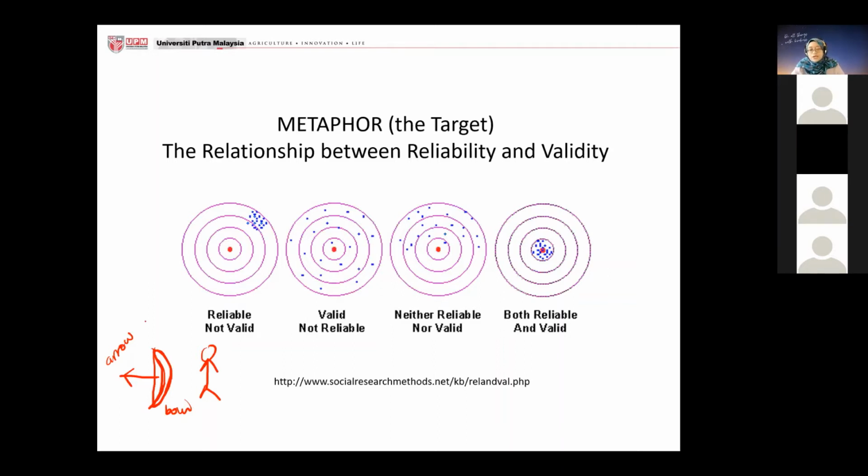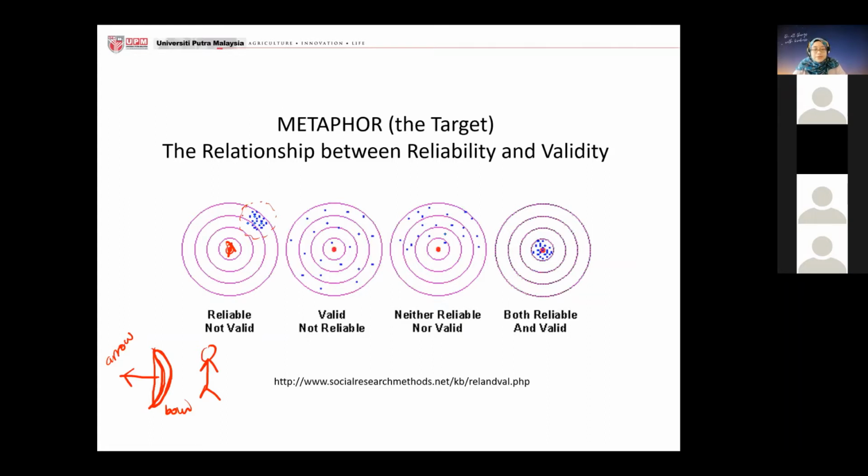So your instrument, if it's reliable but not valid, you aim and everything goes to one specific spot, but it's not the target, it's out of the target.